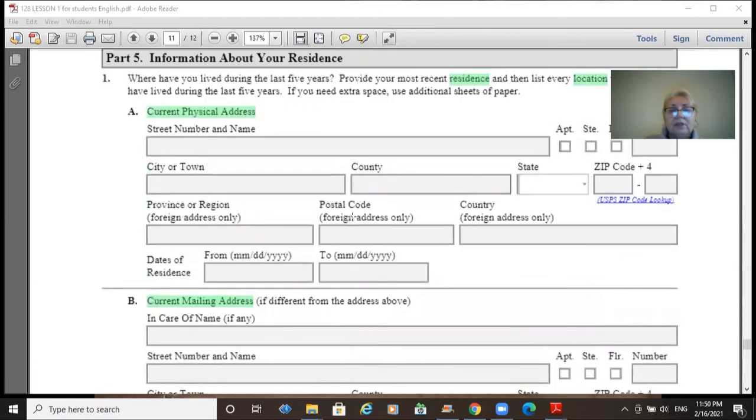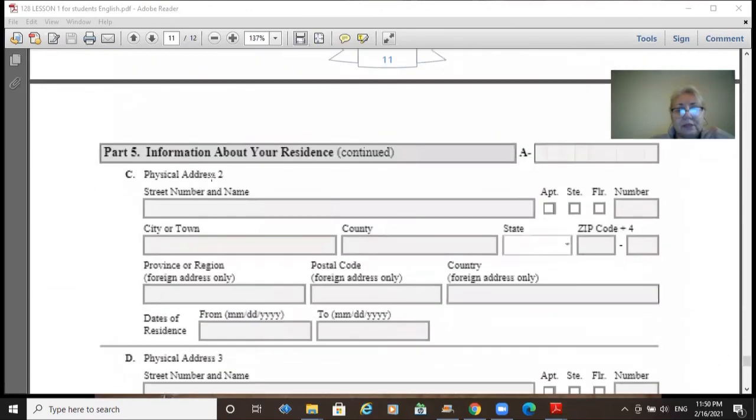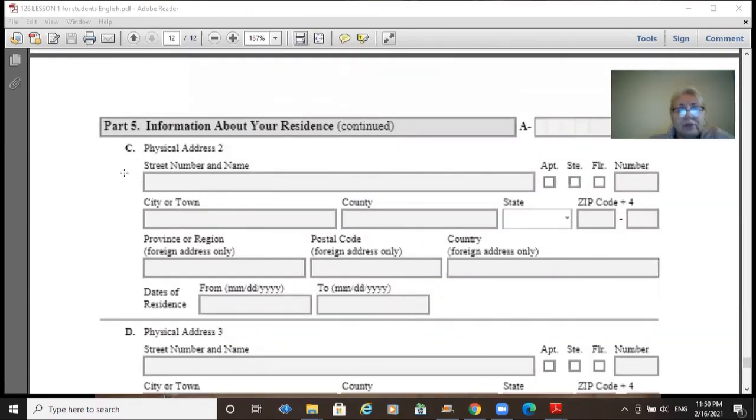Now, if you moved a lot during the last 5 or 3 years, you will have to go back in time and tell the officer where you lived before the address that you provided in Part A. That will be Part C. So you're going to provide the address, the prior or old or previous address.